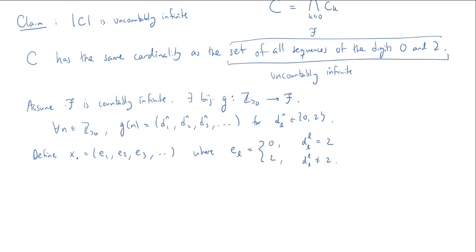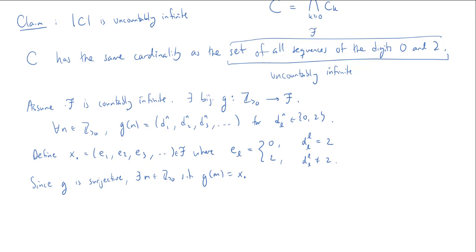Okay, now, since g is a bijection, it is surjective. All right. There exists some little m such that g of m is equal to this x. Why? Well, because this x is an element of F. We've defined it in such a way that each of the terms is either 0 or 2.